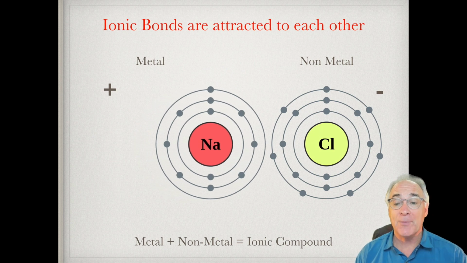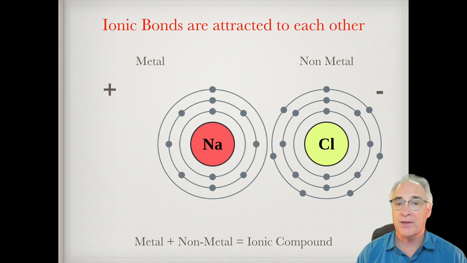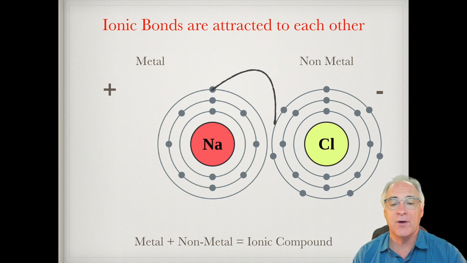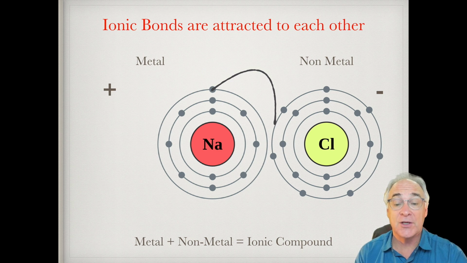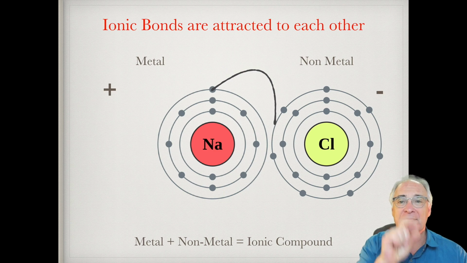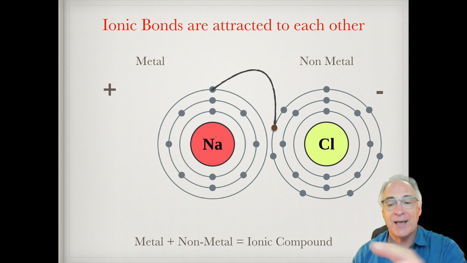So what will happen is they're not going to actually share an electron like we saw in the covalent ones. For instance, sodium has 1 extra electron on the outermost valence. So what the nonmetal is going to do is snatch that electron away and put it right in its own valence.